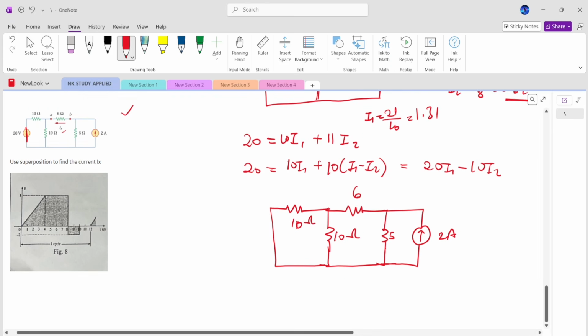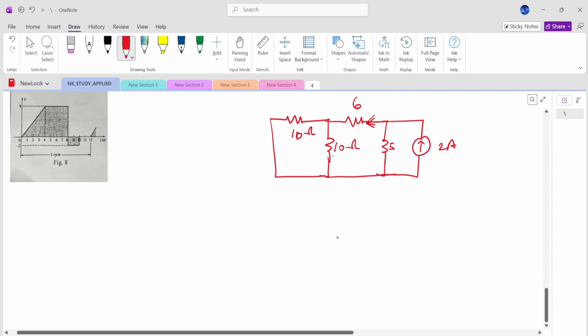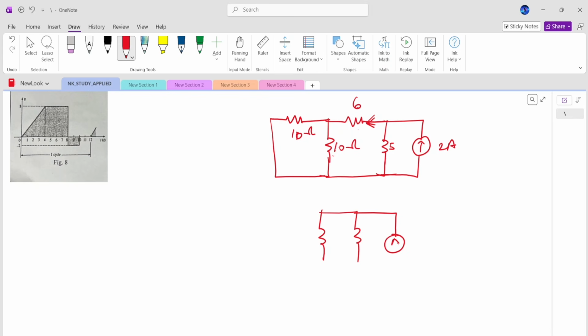To find the current here, we know this and this are in parallel and in series with this, so we get a circuit that looks like this, 2 resistors in parallel, so that we can use the current division rule to find the current we are looking for.